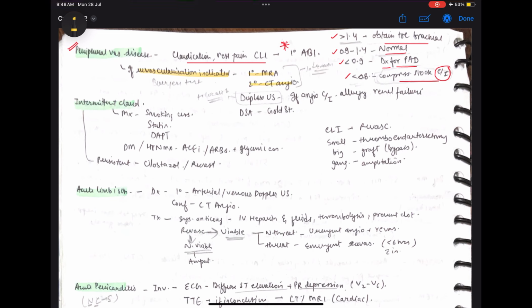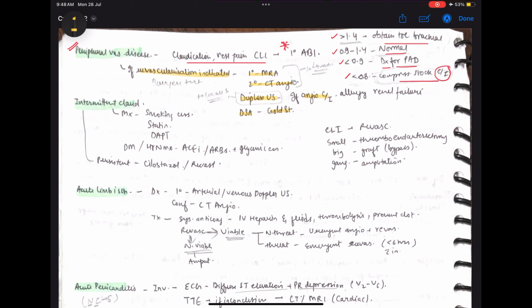And if we want to localize the clot wherever it is happening, for that we'll have to use duplex ultrasound. There are two situations where we are using duplex ultrasound: if the person has contraindications to angio, or the person is having a problem with the contrast, or the person is having renal failure. But the gold standard is DSA, that is digital subtraction angiography.